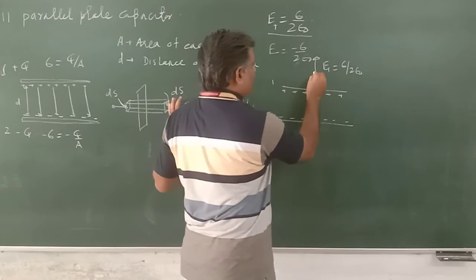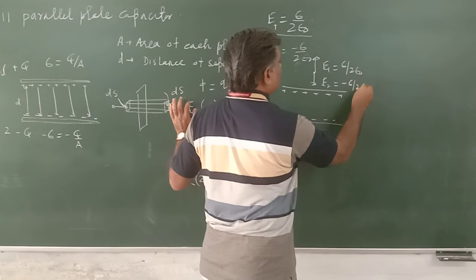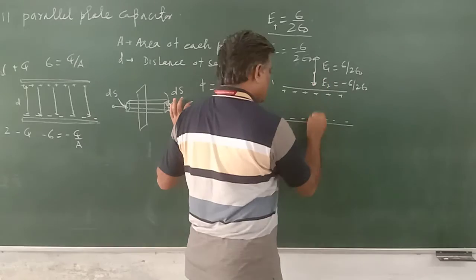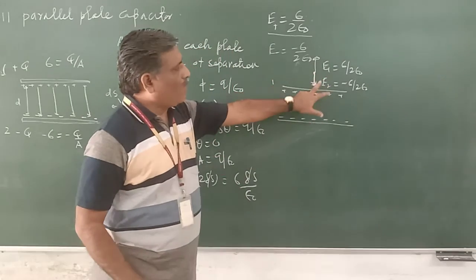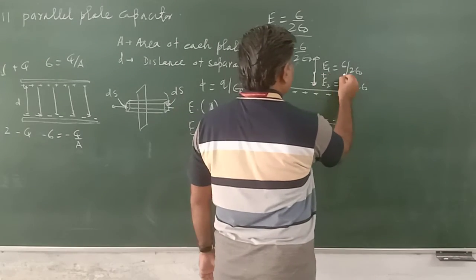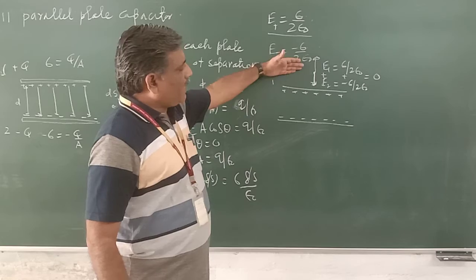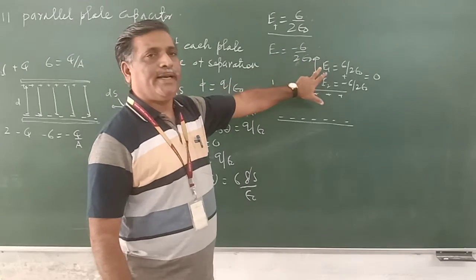E2 due to this plate is equal to minus sigma divided by 2 epsilon 0, towards the negative plate. When we add them, their signs are opposite, so it becomes 0. So on this side of plate 1, the electric field is 0.